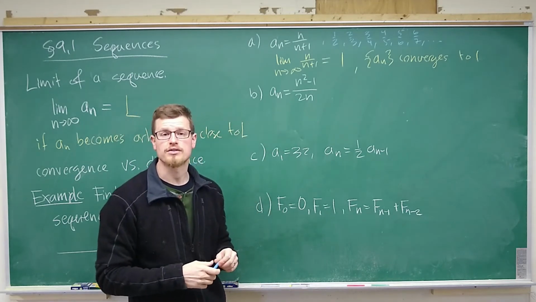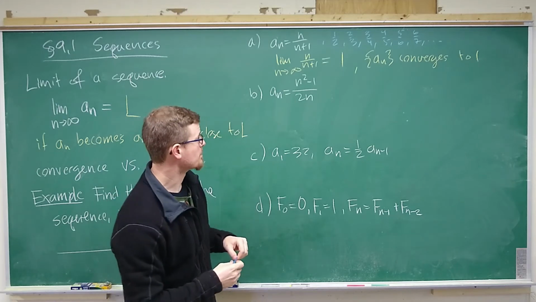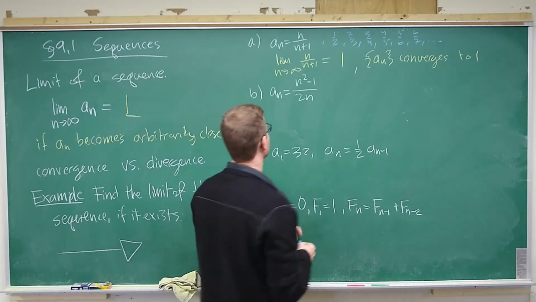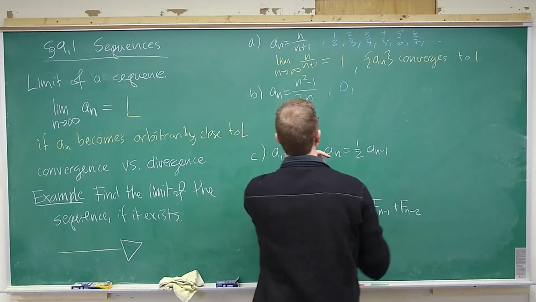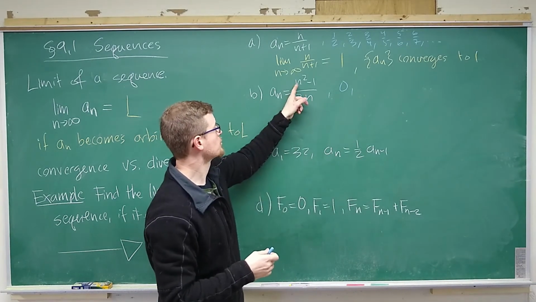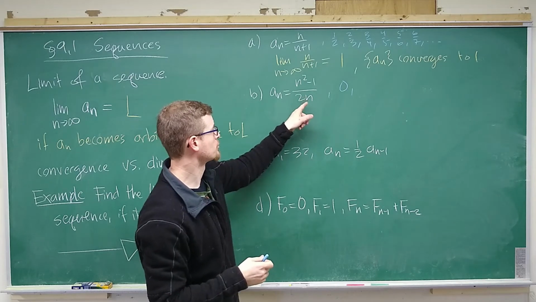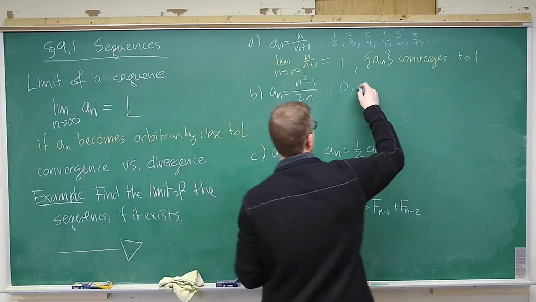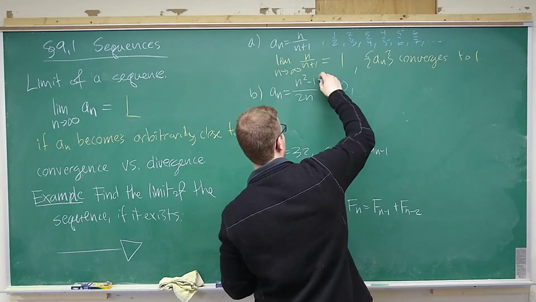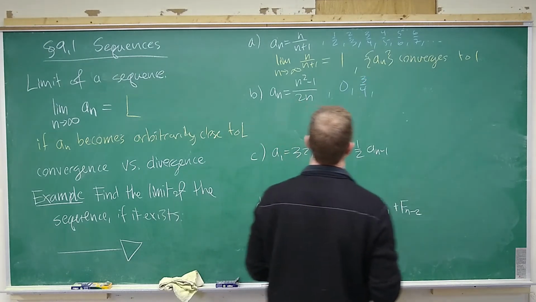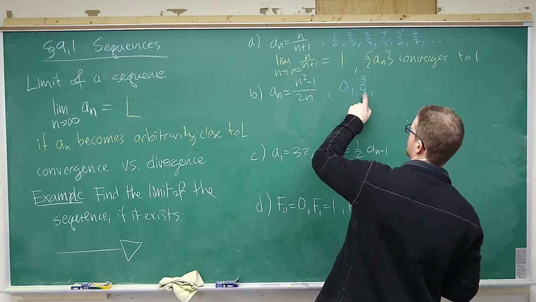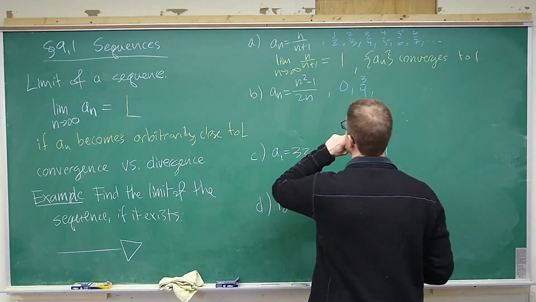It would change what our values were in the sequence, but not the convergence. So we should find that it's 0, and then 2 squared minus 1 over 2 times 2, so 4 minus 1 over 4, which is 3/4.